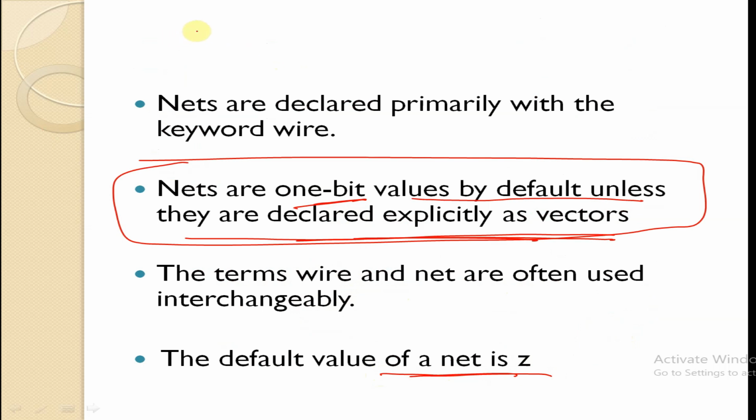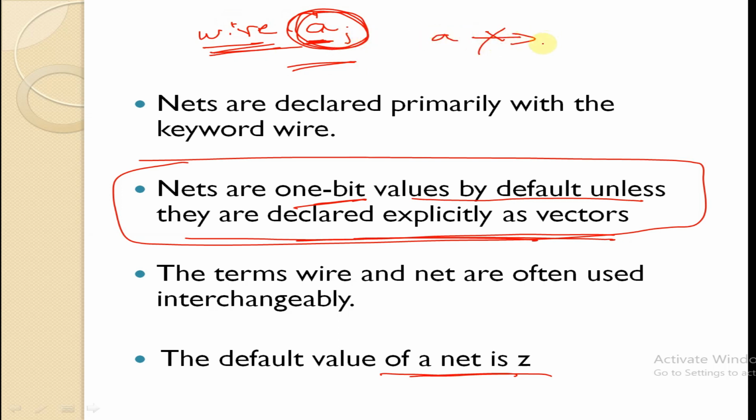For declaring a net, we use the keyword wire followed by the identifier name. If we declare wire A, then A will be driven continuously. The value of A will be changing continuously. It cannot store any value. A cannot store any value.